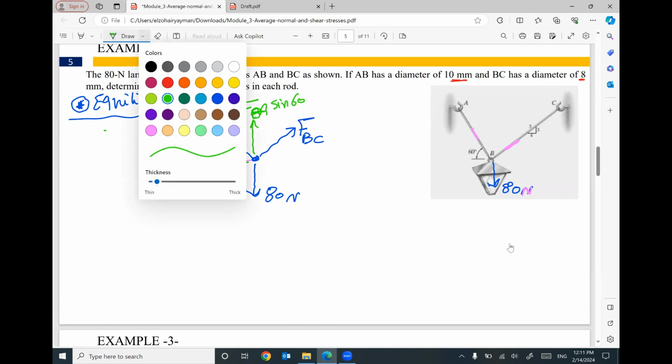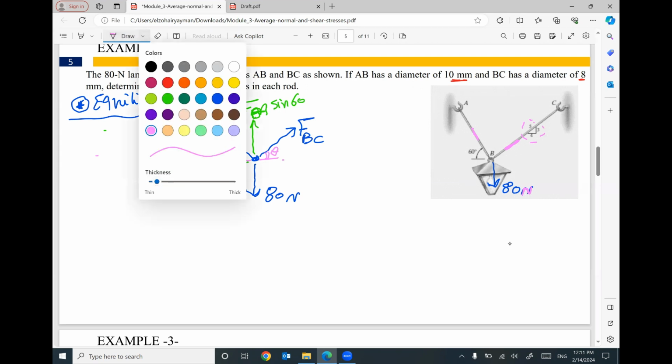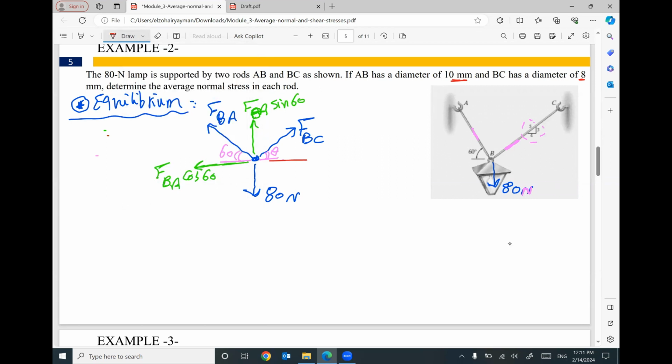Also, the force FBC is not given with the angle, but we have a right angle triangle. That makes sense? So if we assume this angle is theta, I will have horizontal component FBC cosine theta and FBC sine theta.